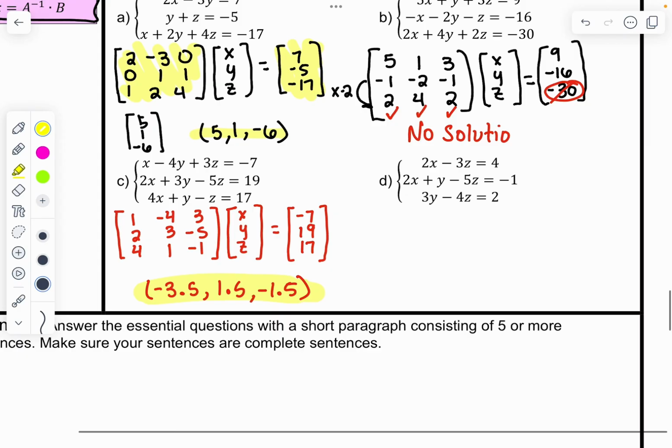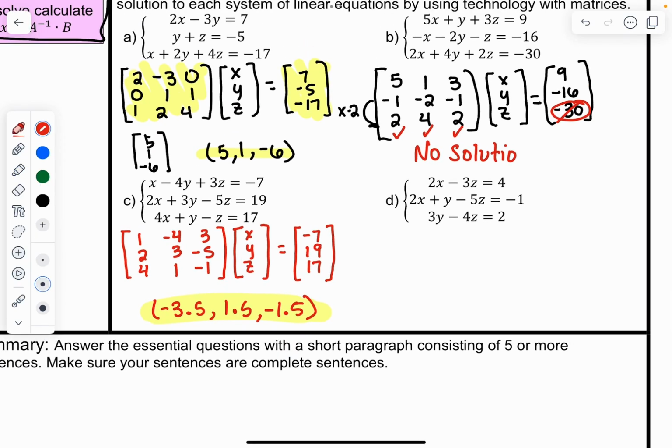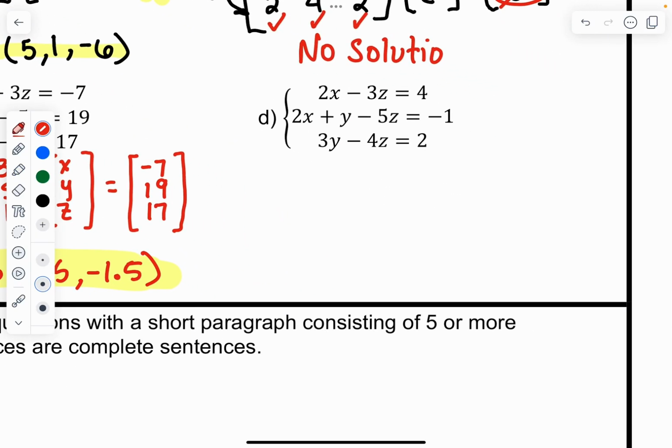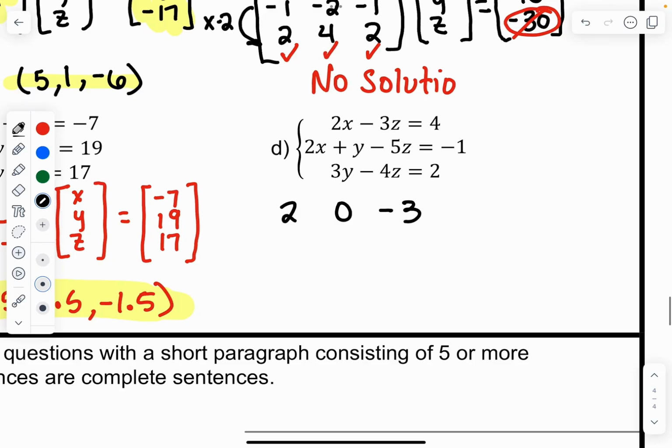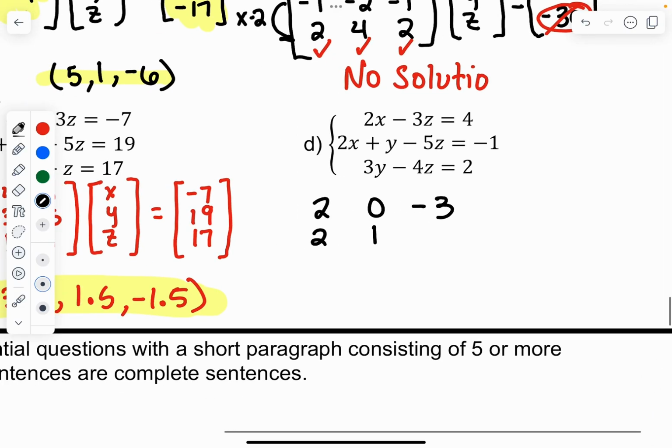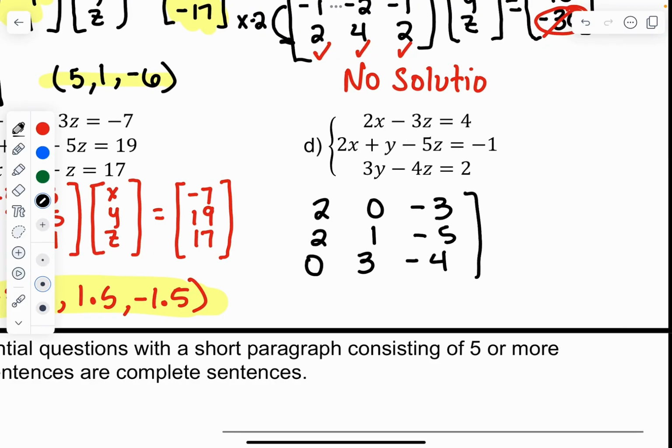Okay, one last one. So here we go. Let's set up the equation. So we have 2, there's no y, -3, 2, 1y, -5, no x, 3y, -4z. Then we do our variable matrix.